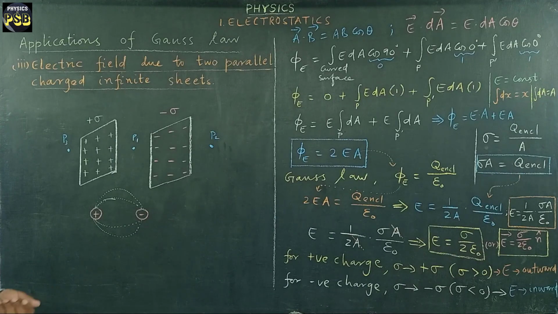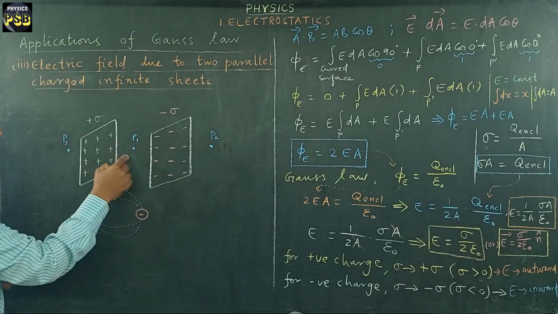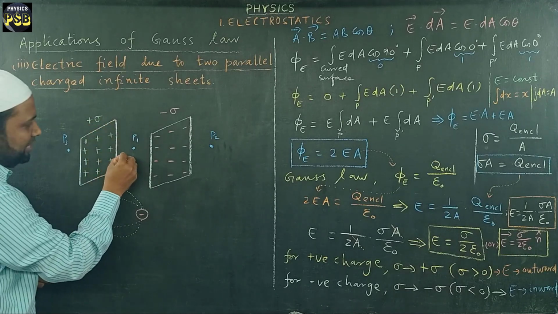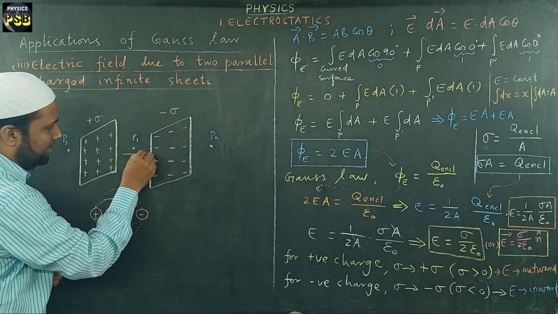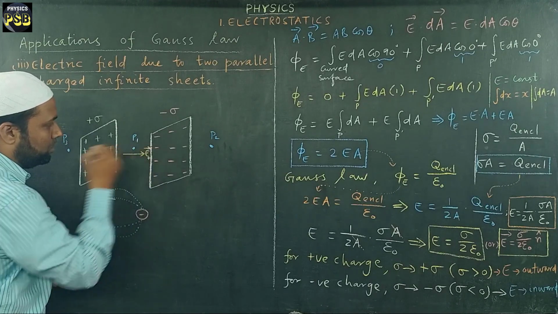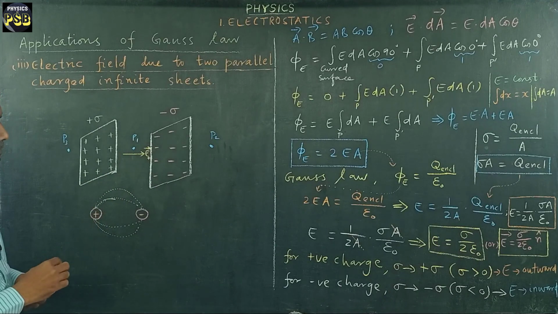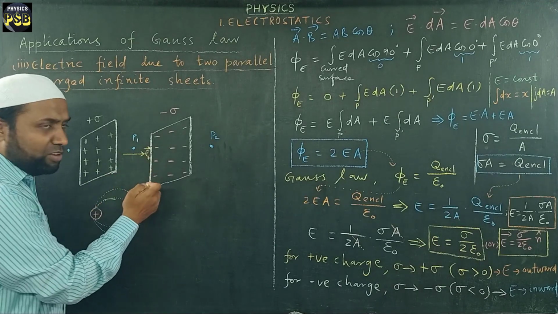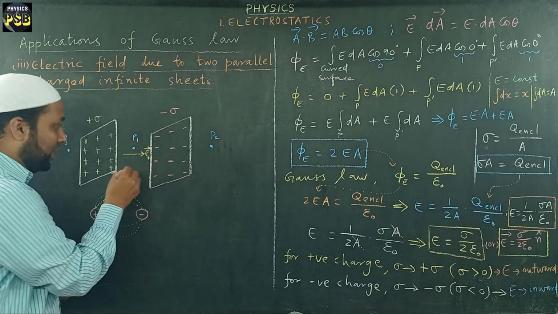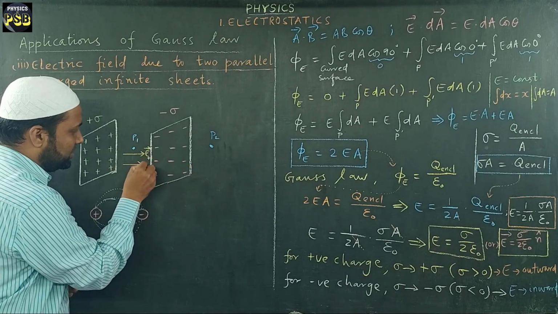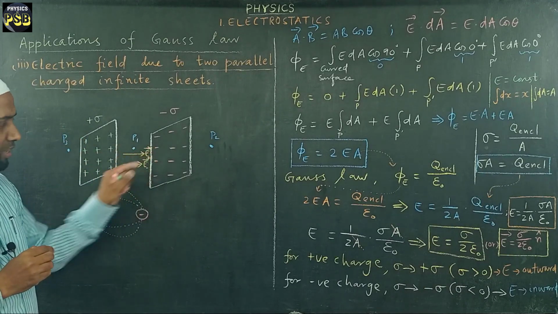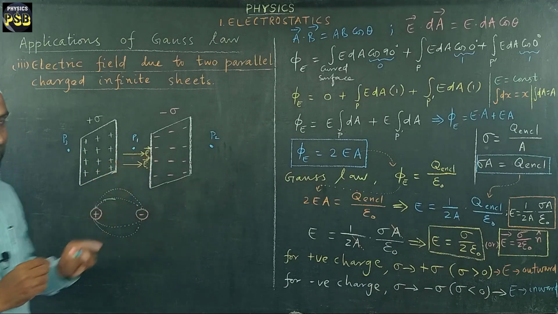So here, the electric field due to this positively charged sheet is acting away from it. It is represented as E plus vector, and the electric field due to this negatively charged sheet is acting towards it, which is represented as E minus vector.